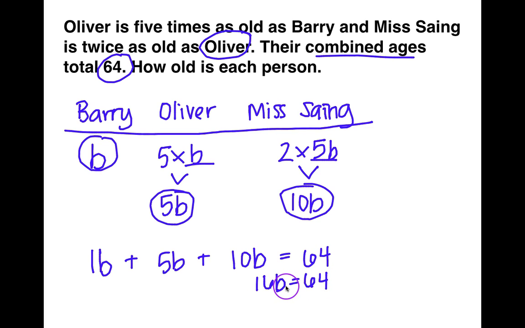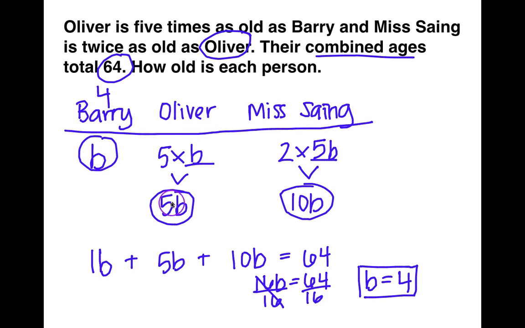Well, in order to solve for B, I need to do the inverse of 16 times B, which is to divide both sides by 16, leaving me with just B equals, what is this, 64 divided by 16? That's 4. So B equals 4, which means Barry, since he's B years old, Barry is 4 years old.